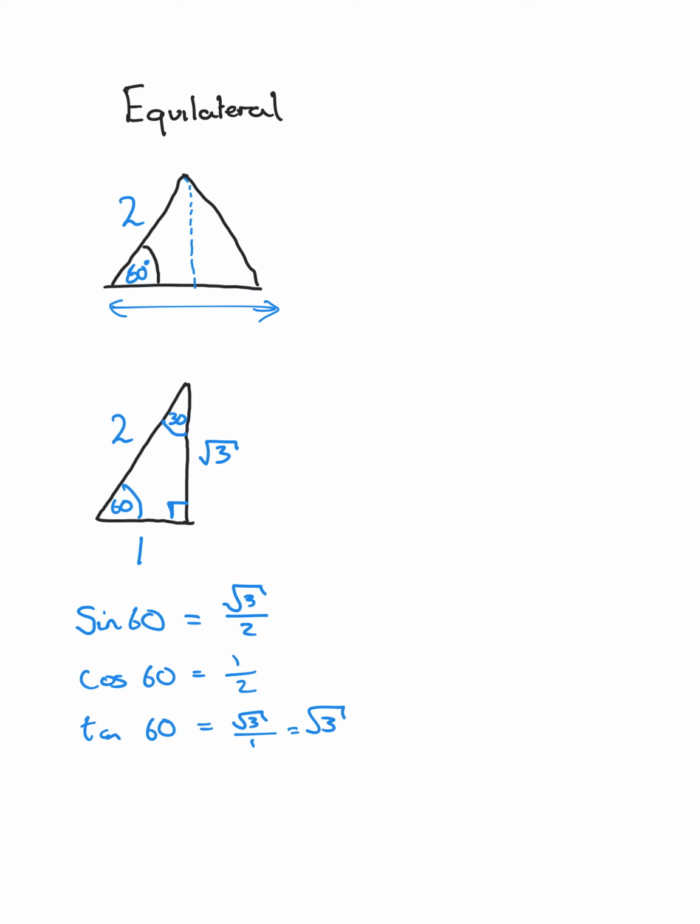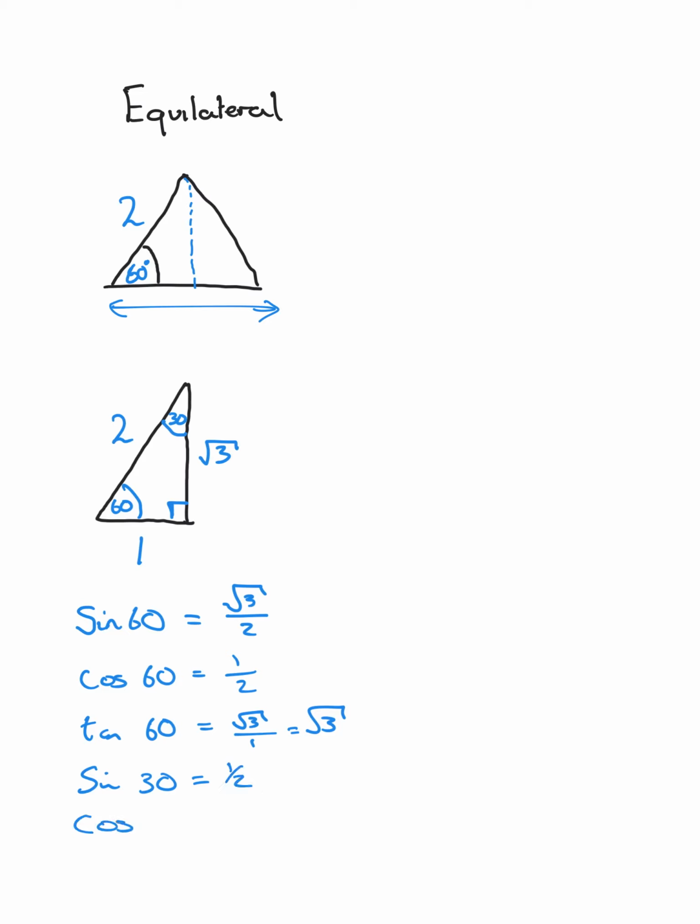Now obviously we've got more that we can look at here, because we've also got this 30 degrees labelled, so we can look at the trig ratios at 30 degrees. So let's go with this. So starting again, sine 30 equals the opposite over the hypotenuse, 1 over 2.